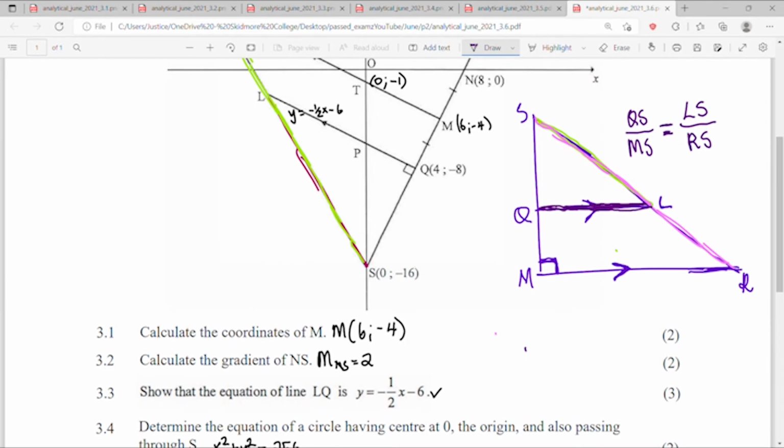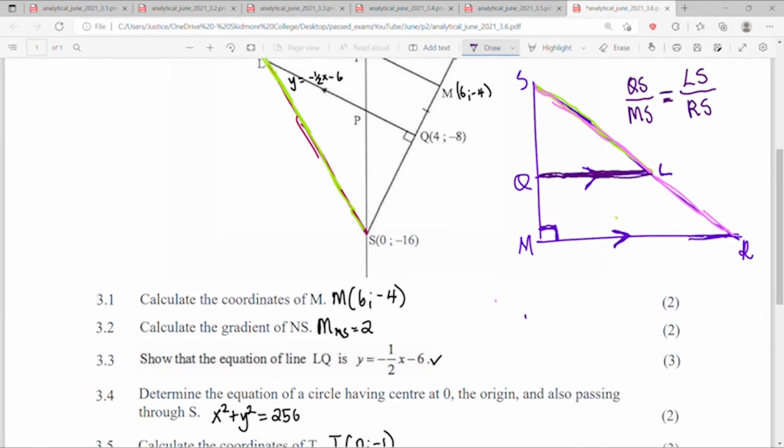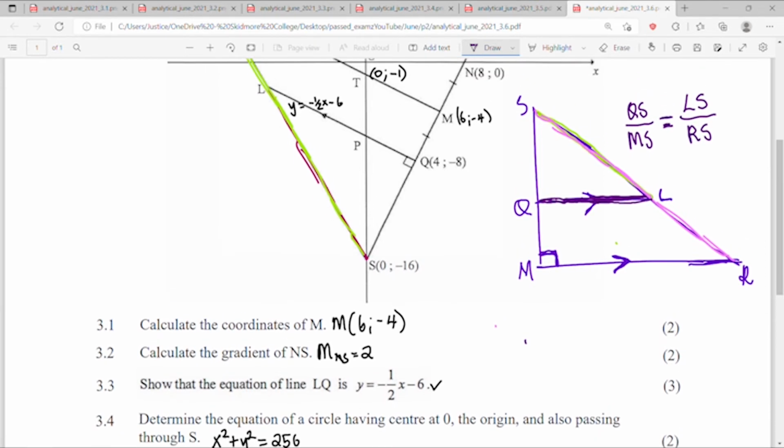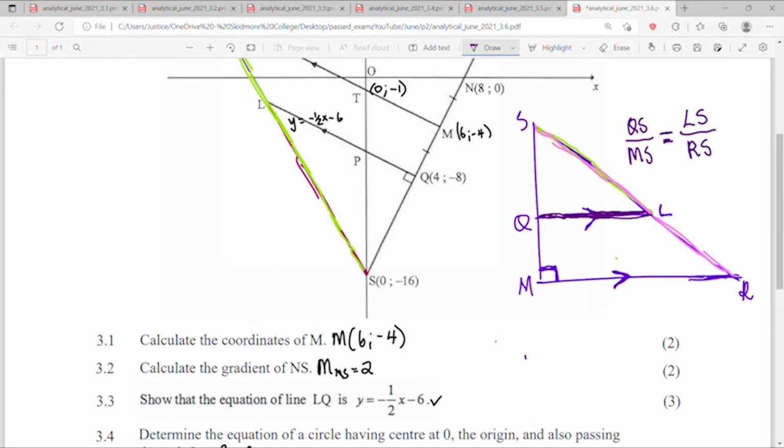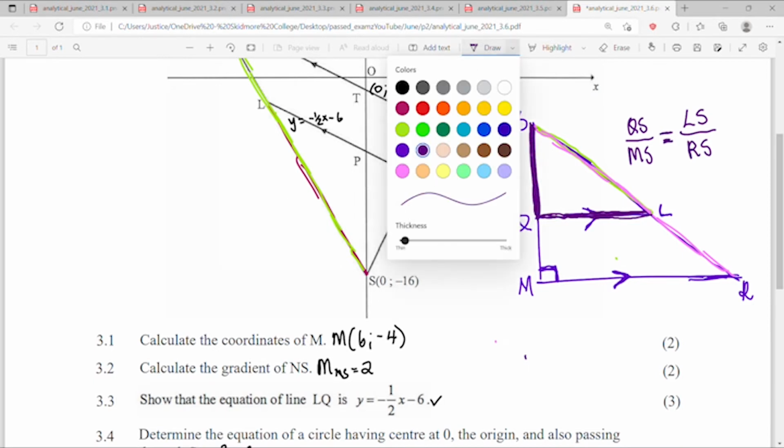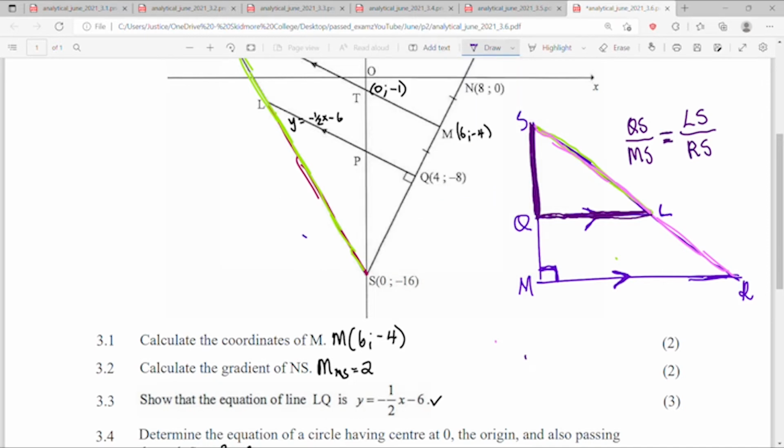So this is what we're going to do. We know that these two things are equal. Can we find QS, this line here, and then find the whole line, which is MS? Because if we do that, then we're done answering the question. Let's do that.